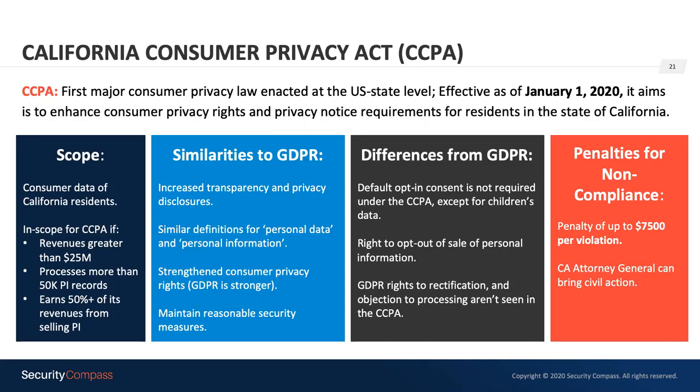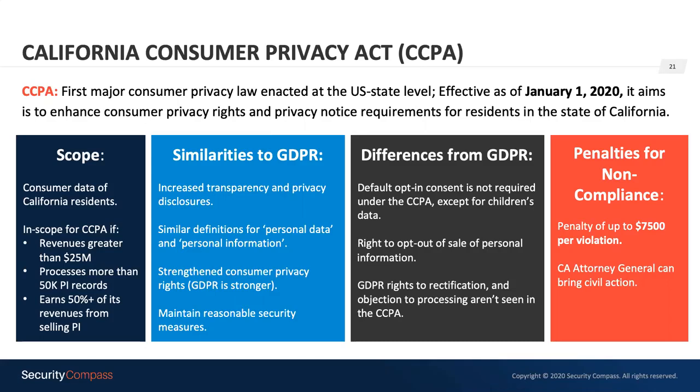Onto some differences. Some differences between the CCPA and the GDPR include that opt-in consent is not required under the CCPA. The CCPA requires notice to consumers when their personal information is being collected or used, but opt-in consent is not specifically required except for the processing of children's data.